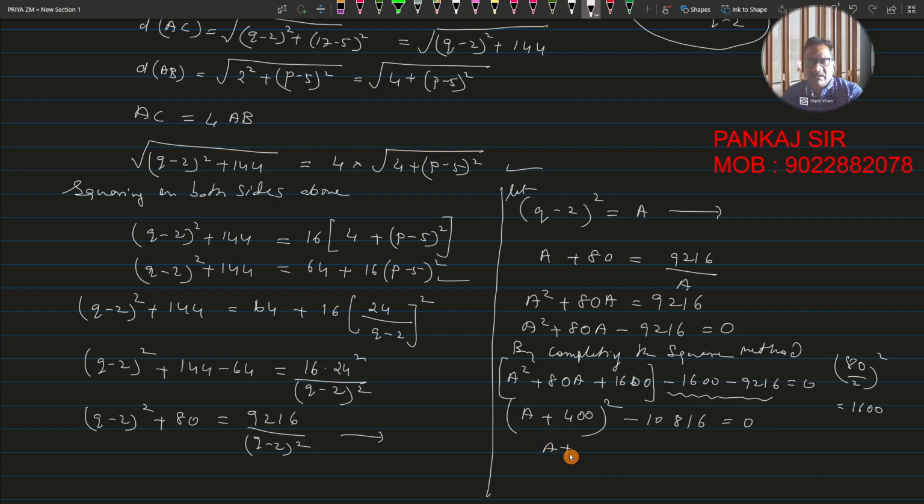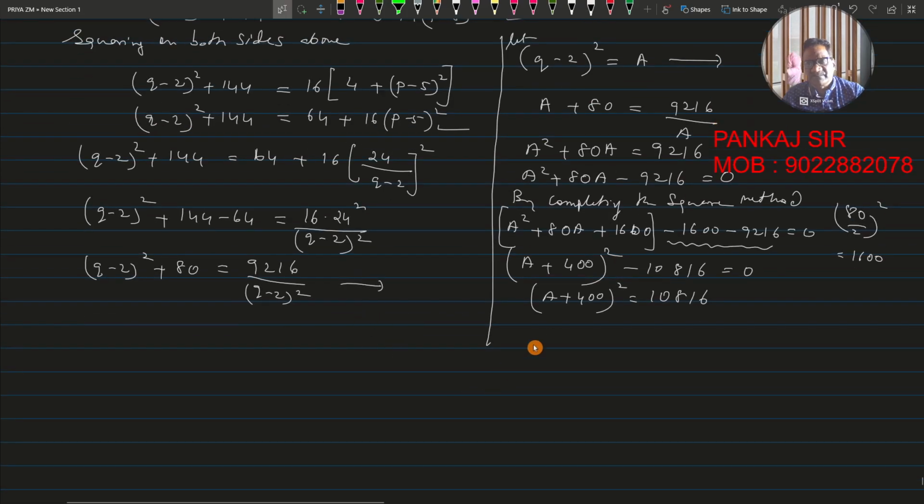Now (a plus 40) squared, this negative 10816, I'll get it on the right hand side, so it will become positive 10816. Fine.